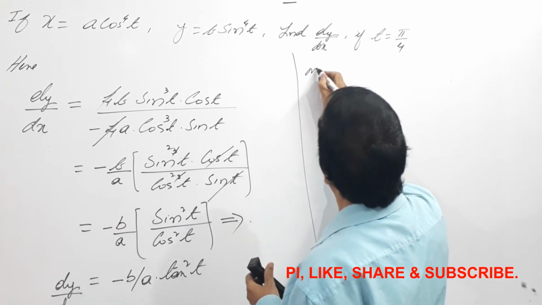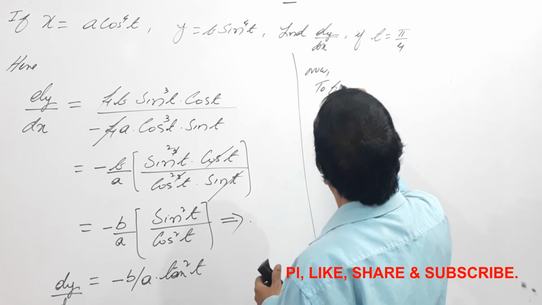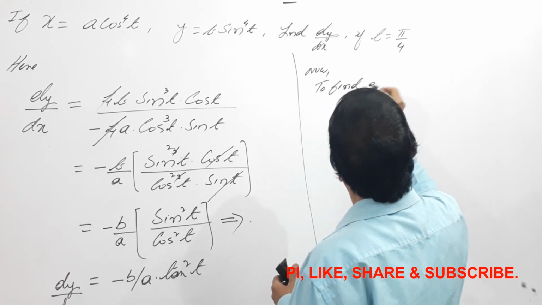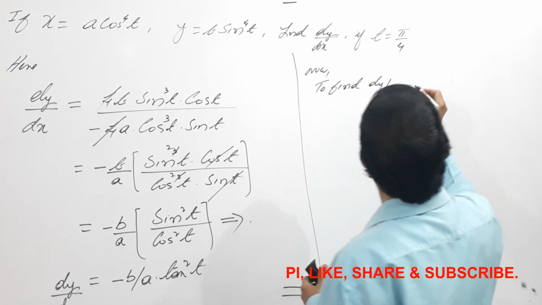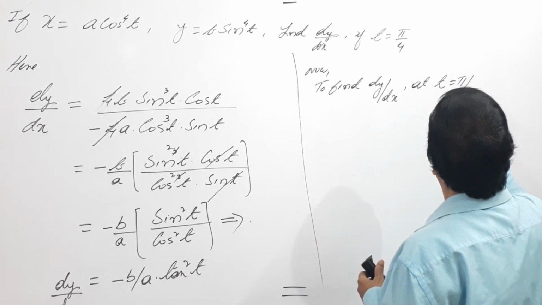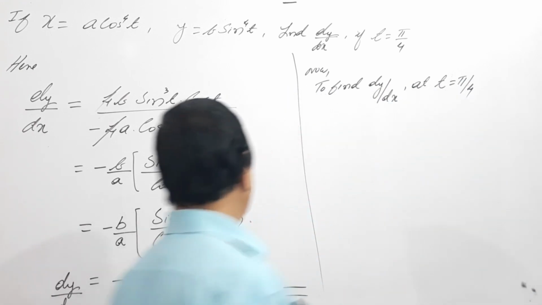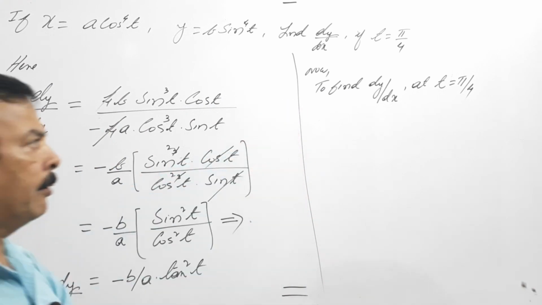Now to find dy by dx at t equals pi by 4, we substitute t equals pi by 4 wherever we have t.